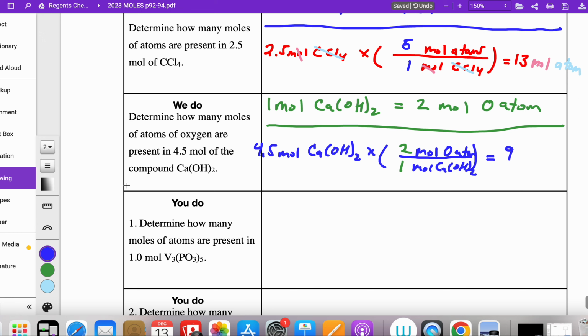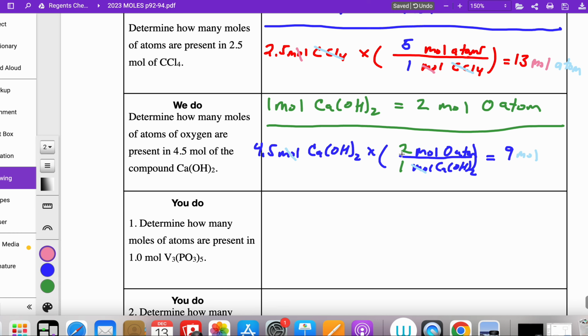I have to do the same math with the units, mole times mole divided by mole. So I have this mole upstairs, this mole downstairs. Allowed to cross them off, they reduce to 1. I'm left with 9 mole. And now I have to do it with the identity.